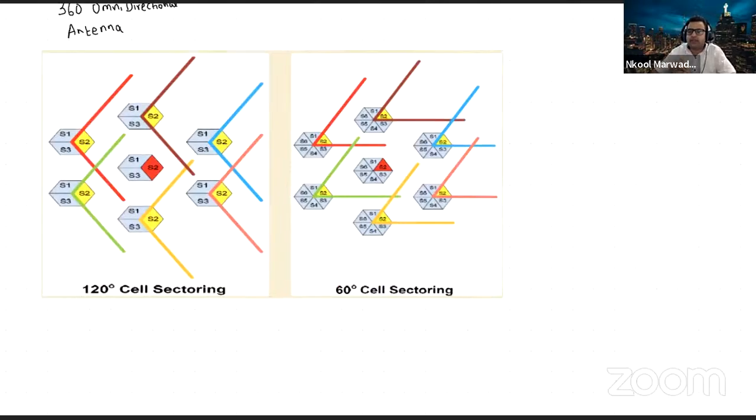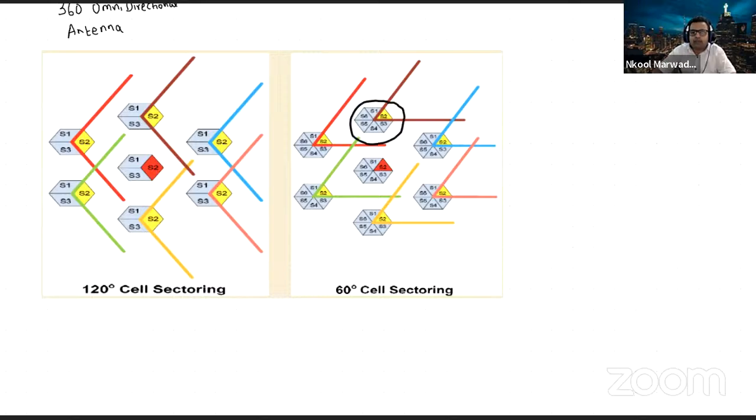Whenever we sector the cell, we can either break the cell into three sectors, S1, S2, S3, or into six sectors, S1 through S6. So two possibilities are there.